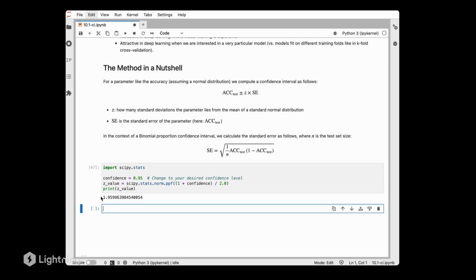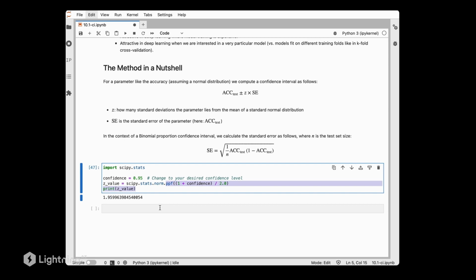In this case, this would be 1.959, so about 1.96. If we have a bell curve, it would be 1.96 standard deviations from the left-hand side and 1.96 standard deviations from the right-hand side, so that we capture 95% of the data distributed around that mean.